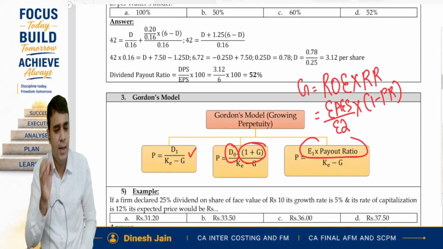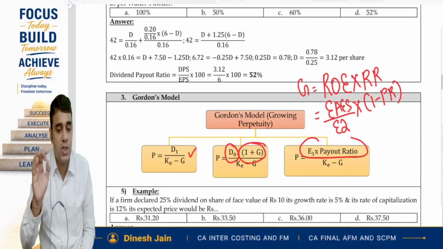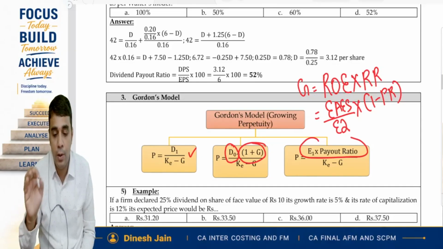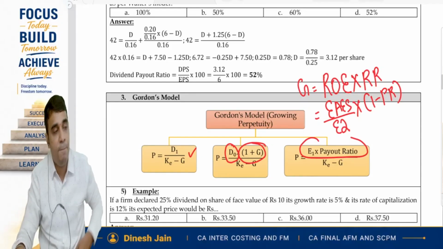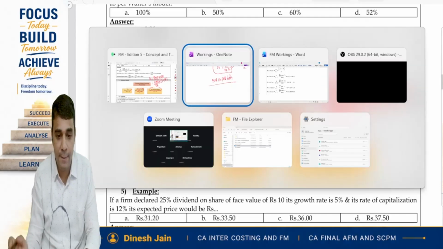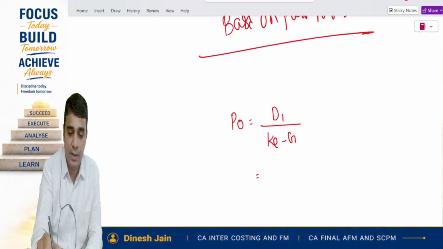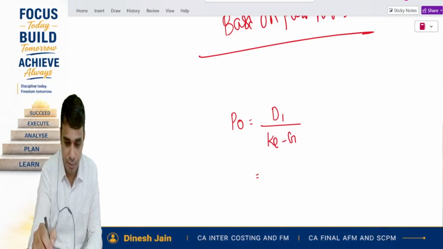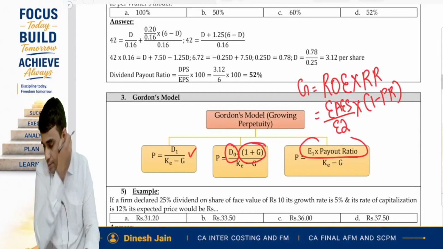One small example. If a firm declared 25% dividend on a share of face value of 10, growth rate is 5%, rate of capitalization 12%, what would the price be now? Example 5, P naught is equal to D1 by KE minus G. How much is the face value?